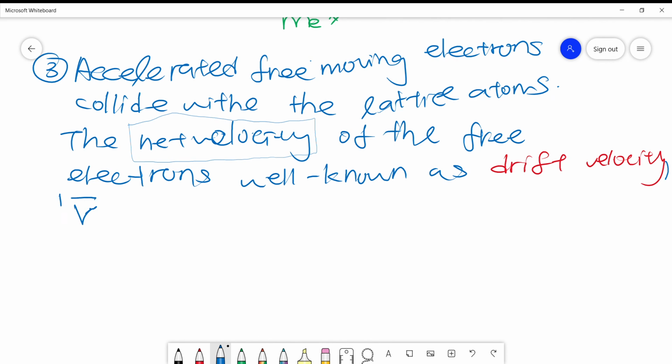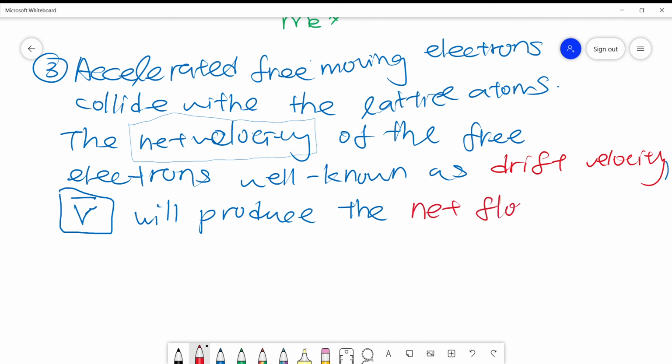So this is the symbol for the drift velocity. The drift velocity will finally contribute to the net flow of charge. Okay, so this is the net flow of charge.